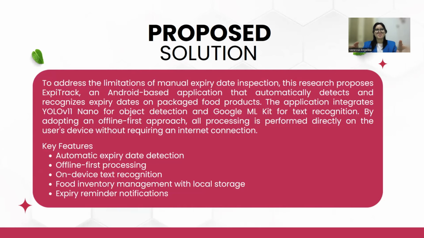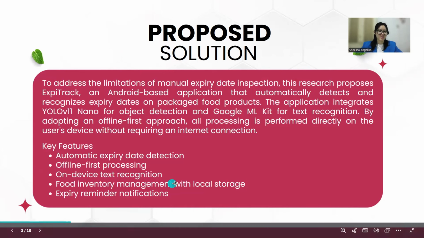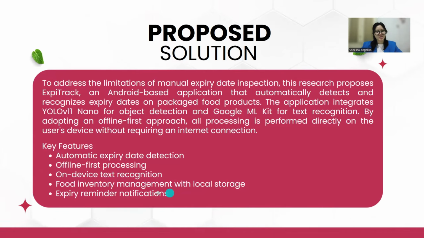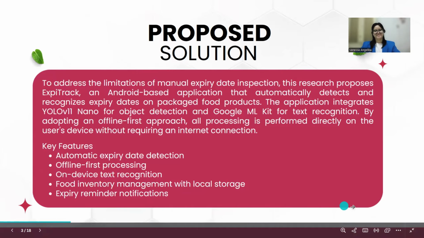All of this processing is performed directly on the Android device using an offline-first approach. So this application is fully offline and needs no internet connection. In addition, XP-Track also provides food inventory management and expiry reminder notifications.